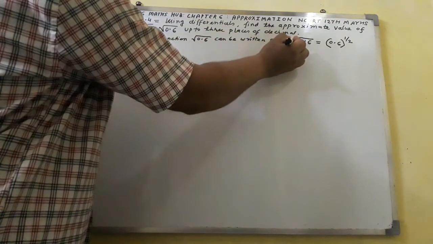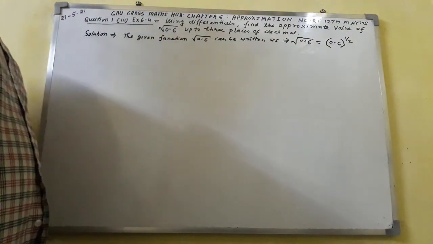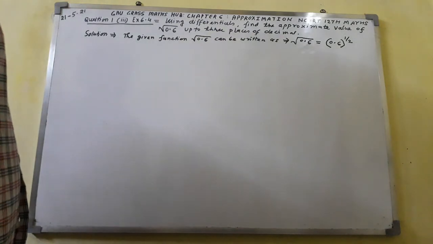Under root 0.6 can be written as 0.6 raised to the power 1 over 2.